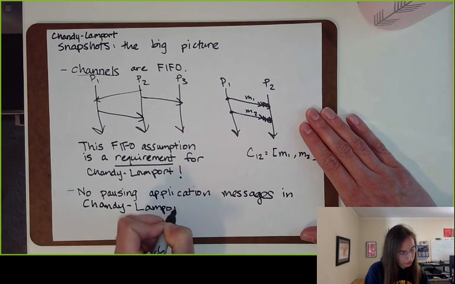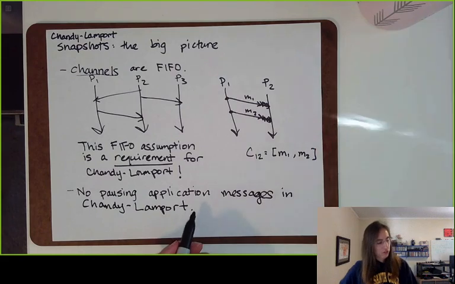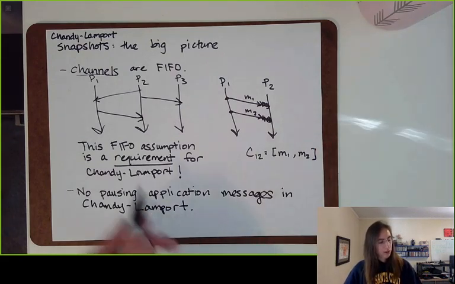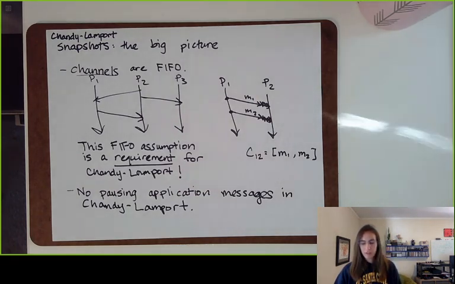So this is a really interesting trade-off, I think. You never need to pause the application messages in Chandy-Lamport, but you do have to have FIFO. And a different snapshot algorithm might choose a different trade-off.